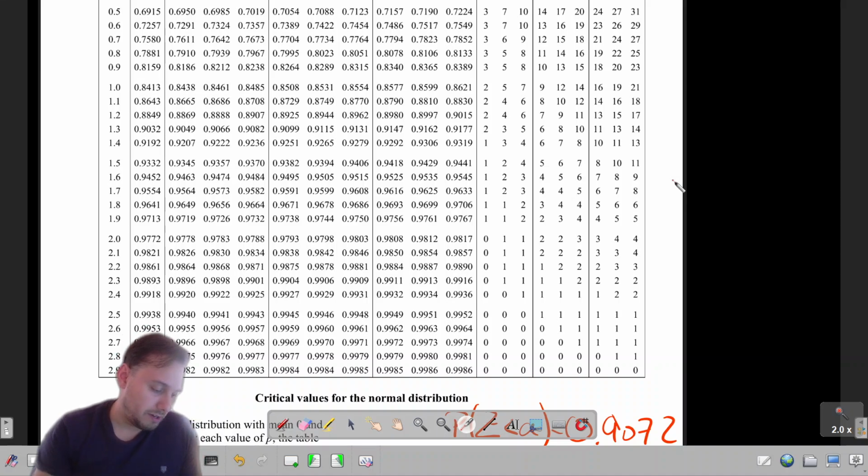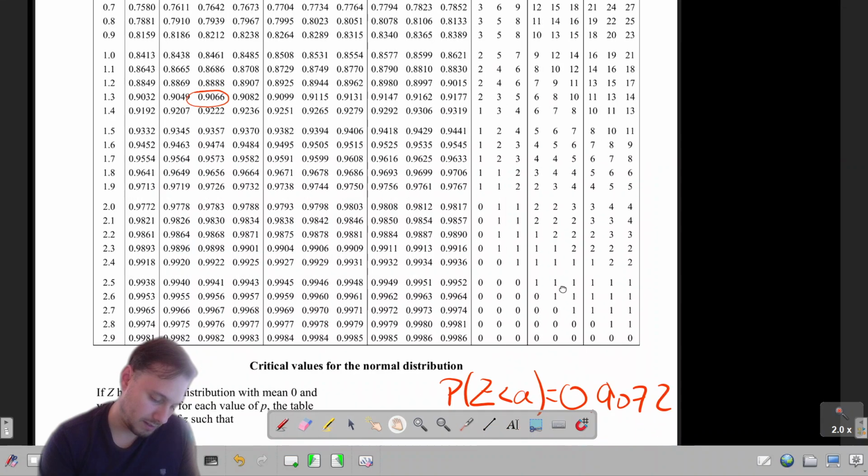The numbers closest to this are 0.9066, and then the next one is 0.9082. This one is greater, so we're going to focus on 0.9066. I'm going to write that down over here.